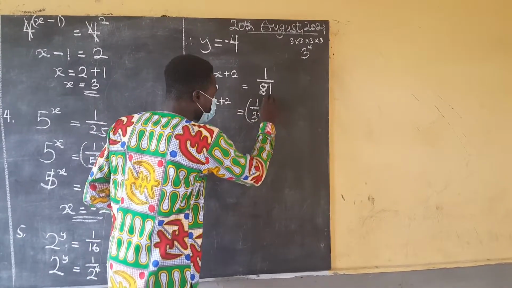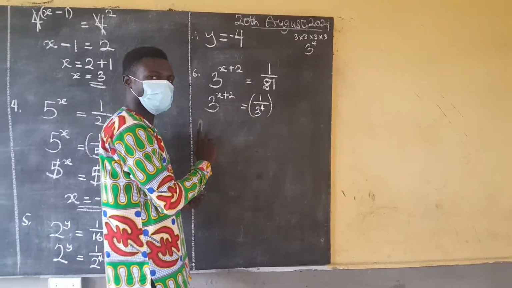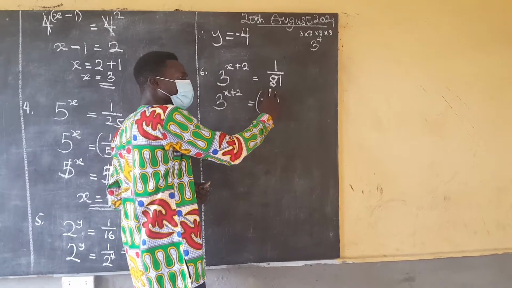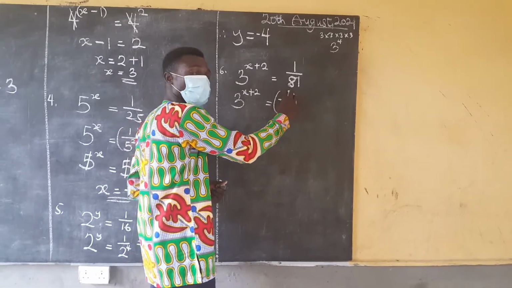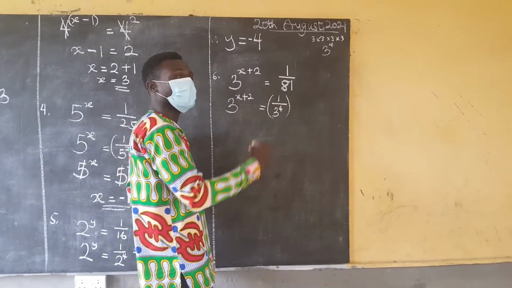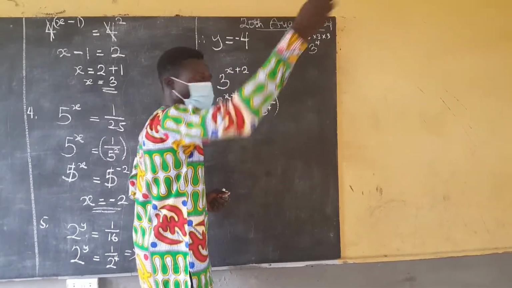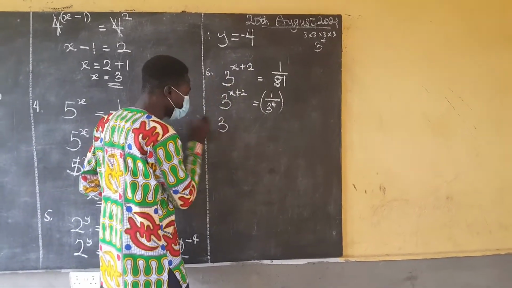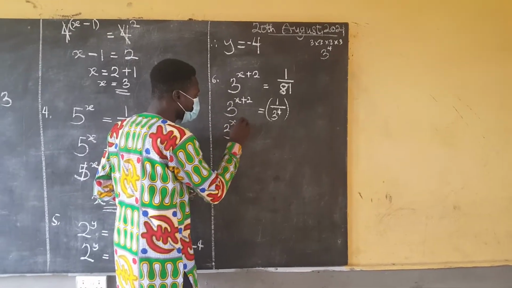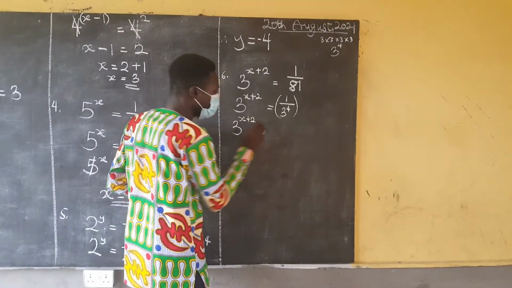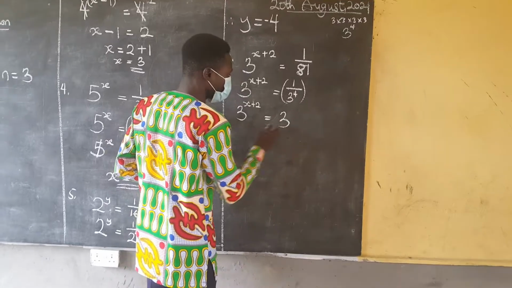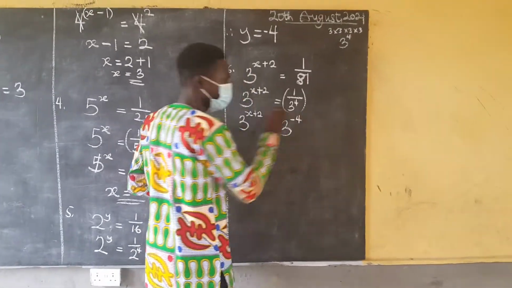Now I was taught that if a number or a power is written this way, I can write it by negating the power. So this gives me 3 raised to the power x plus 2 is equal to 3 raised to the power negative 4.